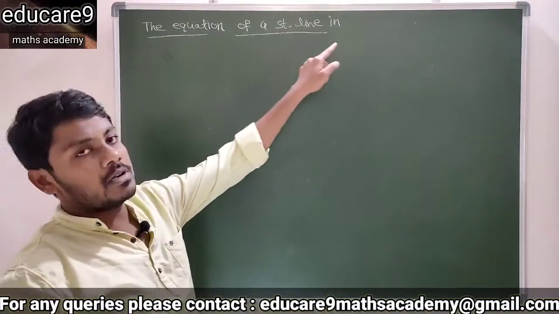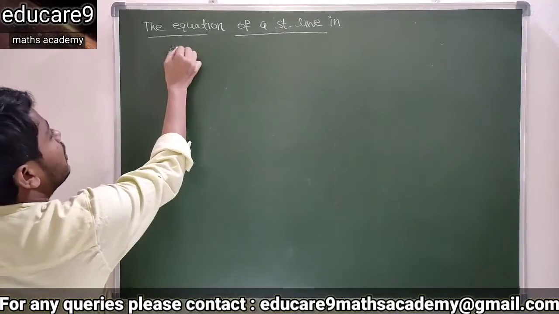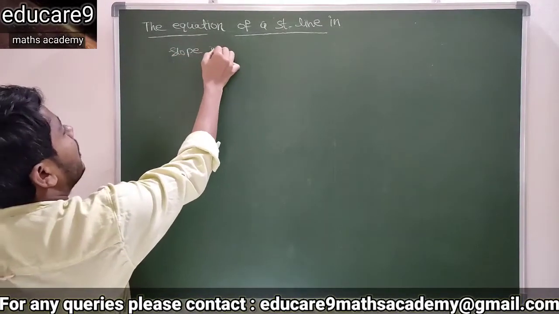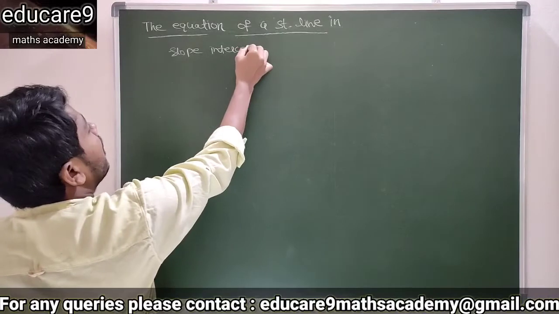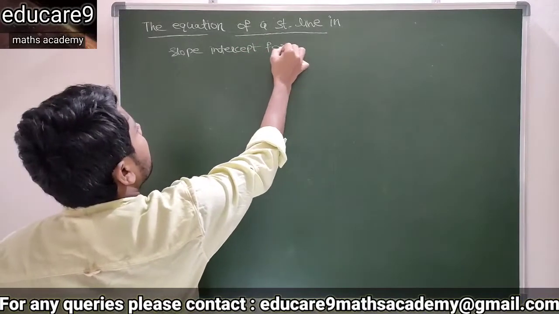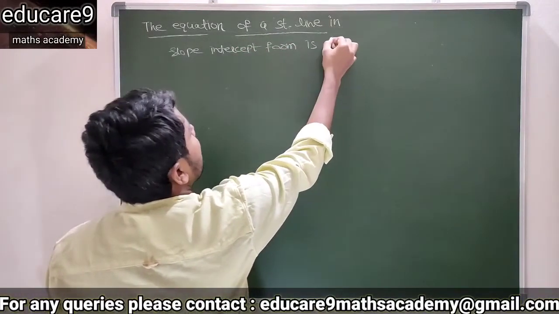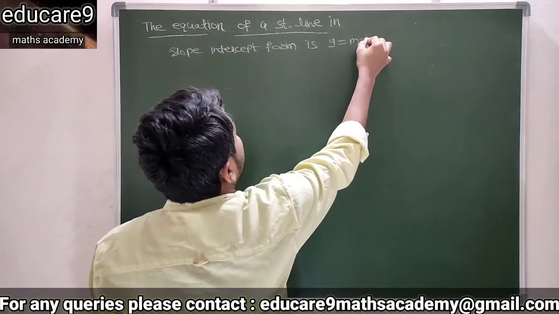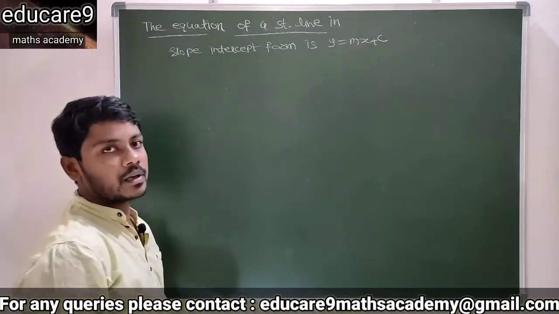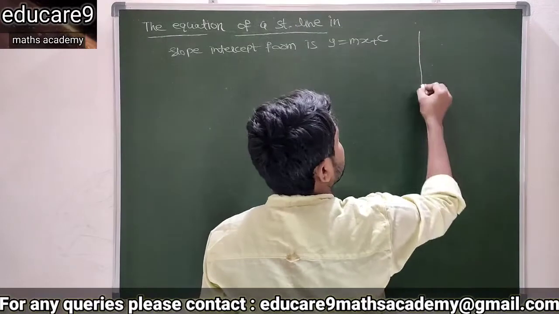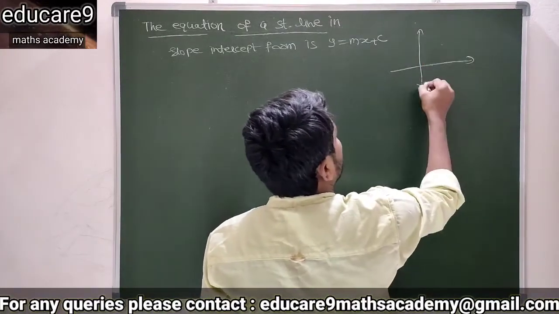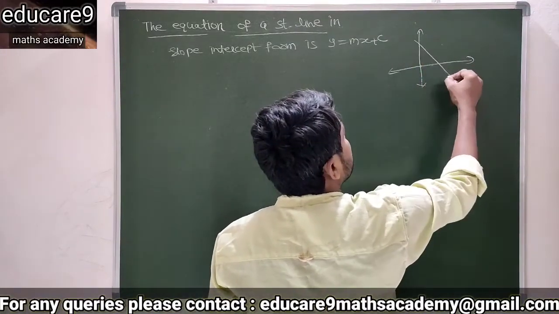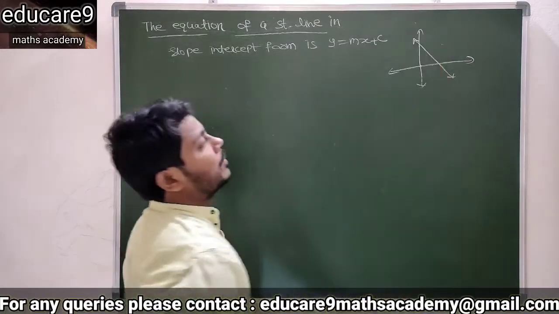So the equation of the straight line in slope intercept form is y is equal to mx plus c. In that case the line is like this, this is the y equals mx plus c line.